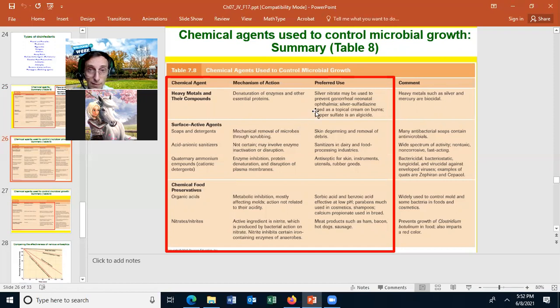Silver nitrate used to be used to prevent gonorrhea in all babies that were born. They treated the baby with silver nitrate to prevent the baby from getting gonorrhea in case the mother was infected with gonorrhea.